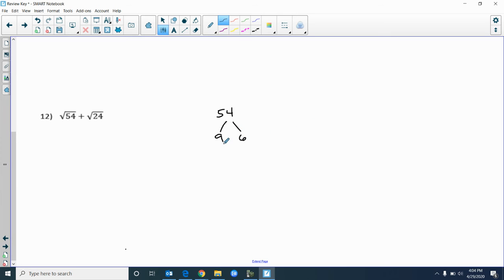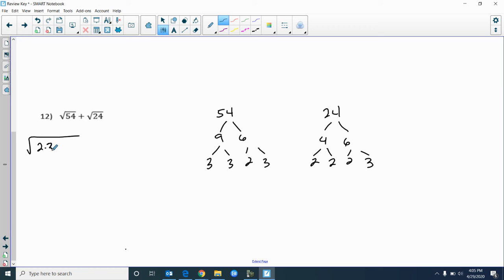And that's what we got to check. 54 is 9 times 6, 3 times 3, 2 times 3. 24 is 4 times 6, 2 times 2, 2 times 3. Square root of 54, I got a 2, a 3, a 3, and another 3, plus 24. I got 3 2s and a 3.